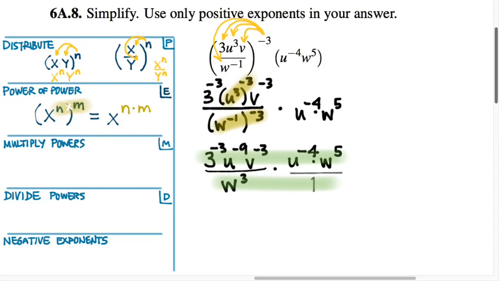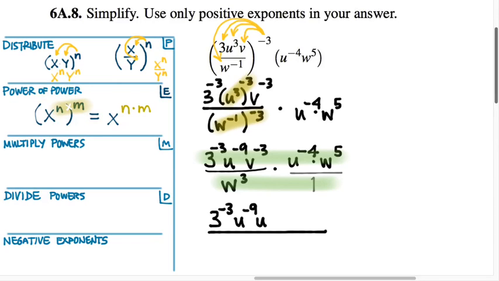Right. And then that becomes the time where now I can see that I'm going to have powers of u that combine with one another in the numerator. And then I've also got some w's that are separated, some of them in the numerator, some of them in the denominator. So I'm actually going to take this opportunity to use the commutative property of multiplication to trade places between this v power and this u power, so I can get the u's next to one another, just so that it makes it a little easier for me to focus.